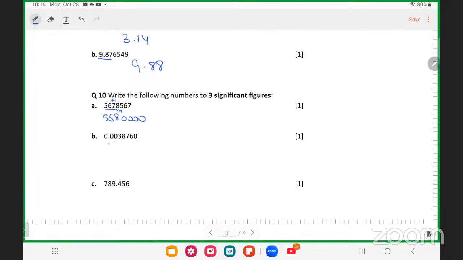Zeros at the start of the decimal are not significant. So I will consider these three. One extra digit, add one to the previous digit, 0.00388. Zeros at the end of the decimal are significant.